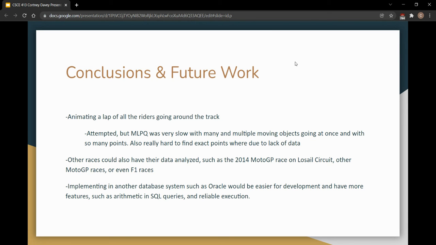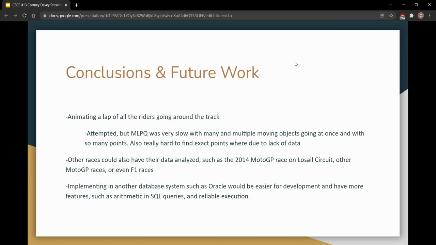So here are the conclusions and future work. We did have some trouble with animating the lap, or the animation of the rider going around the track. We think we could implement multiple riders going around the track, and that would be ideal.